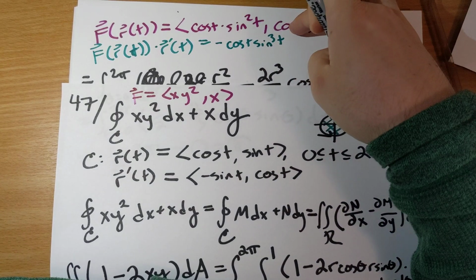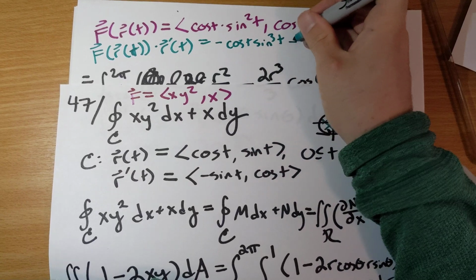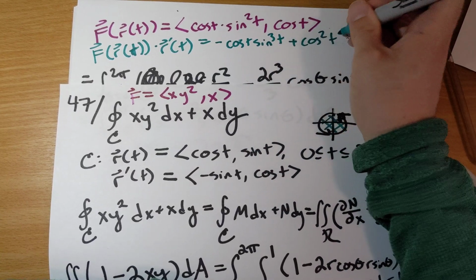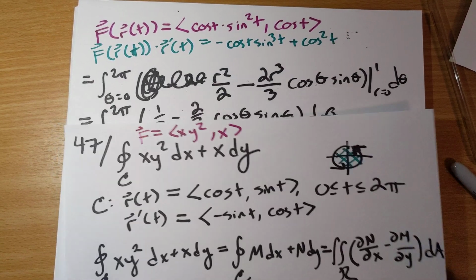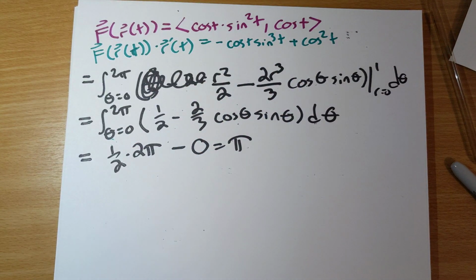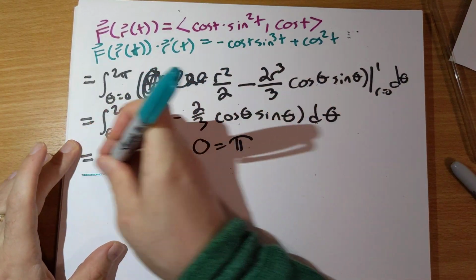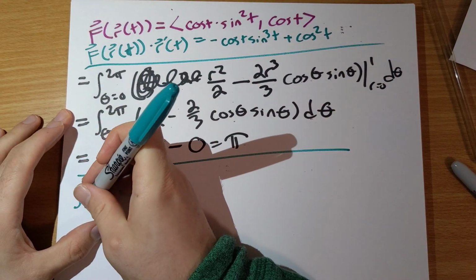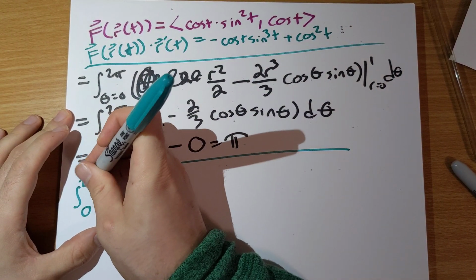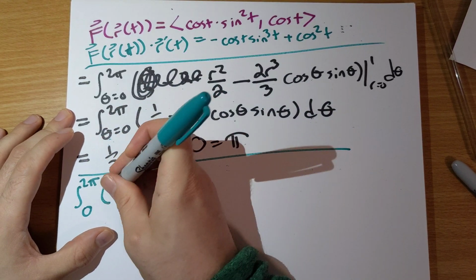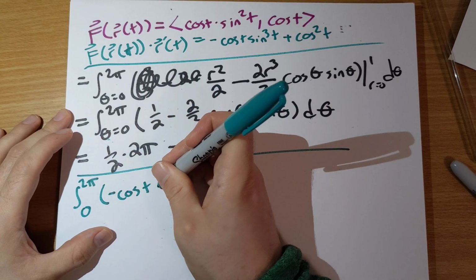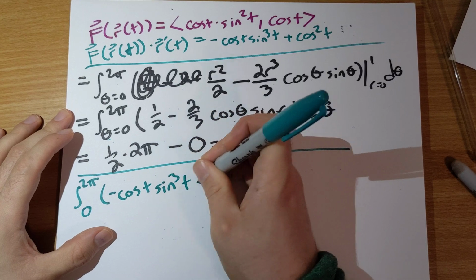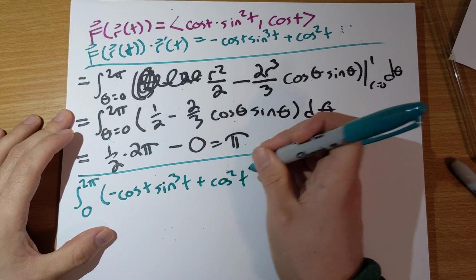And then we have cosine t times cosine t, which is plus cosine squared t. Okay, so then the integral we have to compute is the integral where t runs from 0 to 2 pi of negative cosine t sine cubed t plus cosine squared t dt.